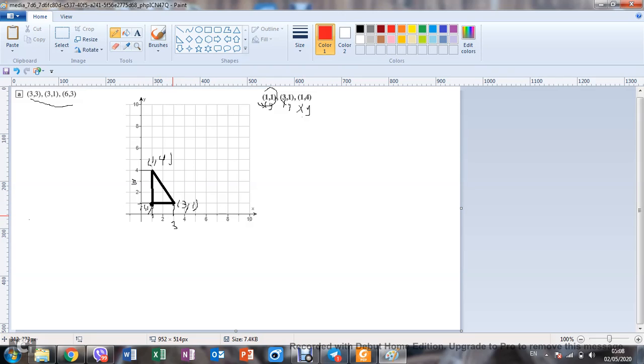So I should draw the lines in this color. Draw a line from 3 and from the 3, and they'll join together at this point. Okay, so I put down this point in red.